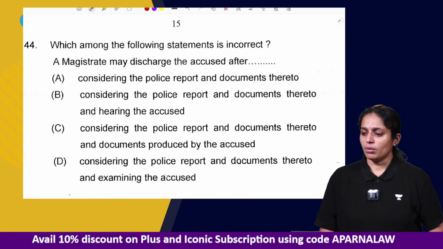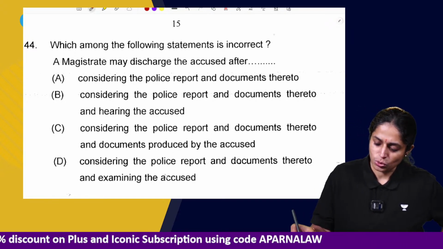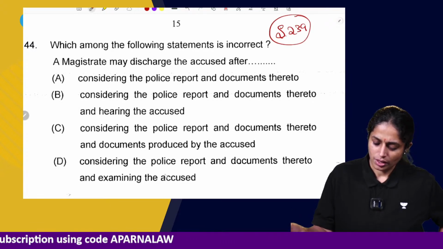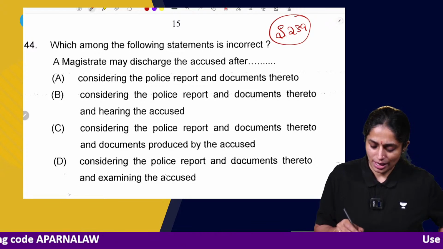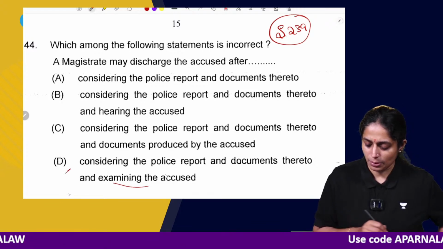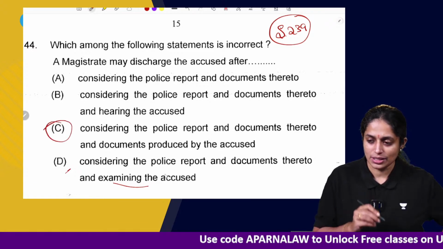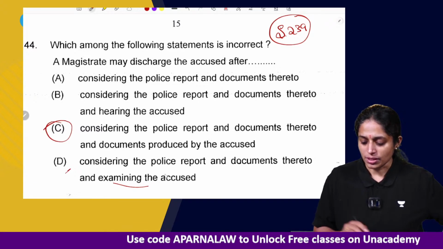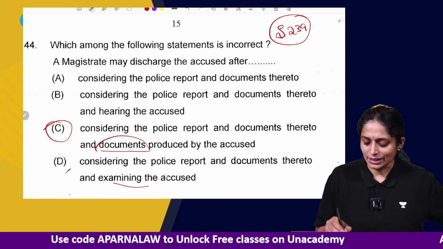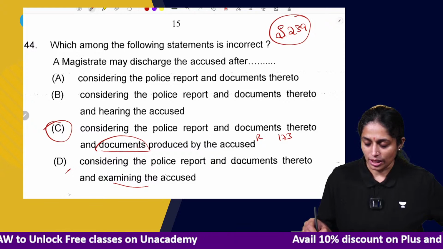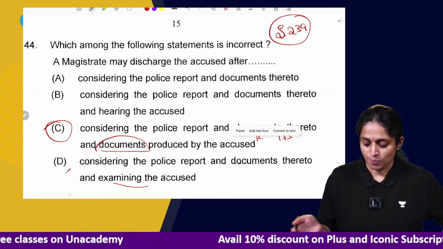In this, what I feel is, as per section 239, according to me, this is the correct answer, like after examining. But the key answers are provided as this, C. Documents, rather than this, it is 173, report under 173 if it was to be accepted.